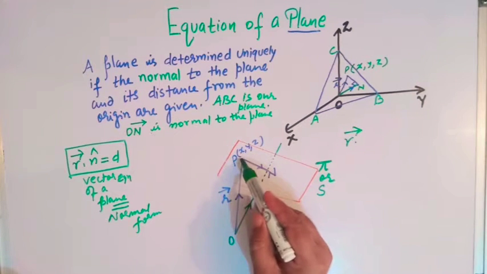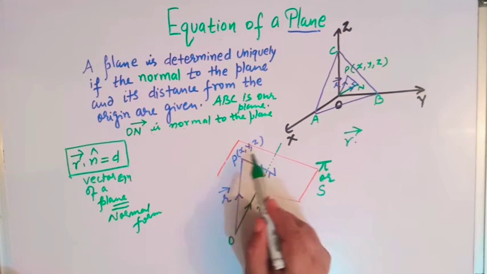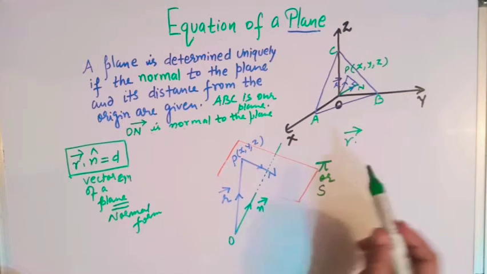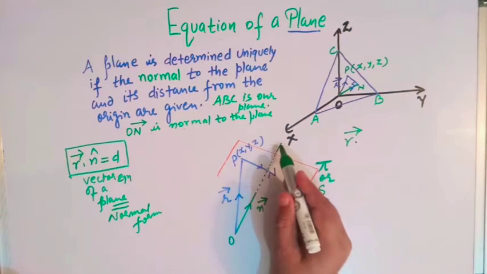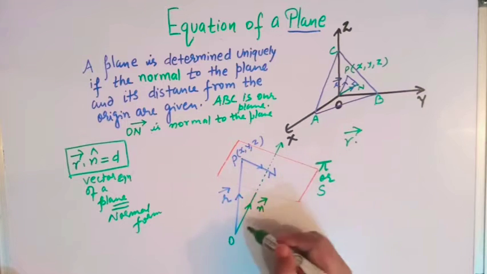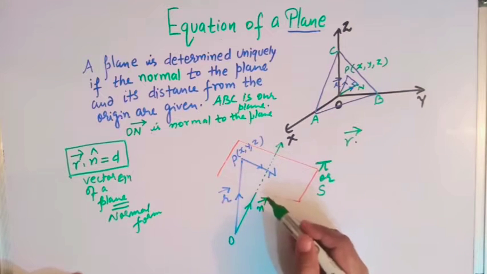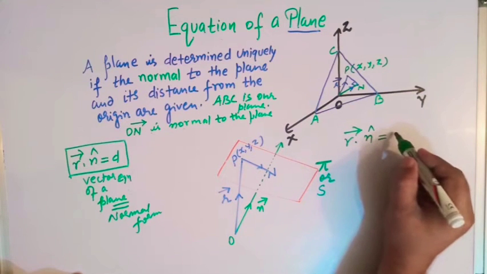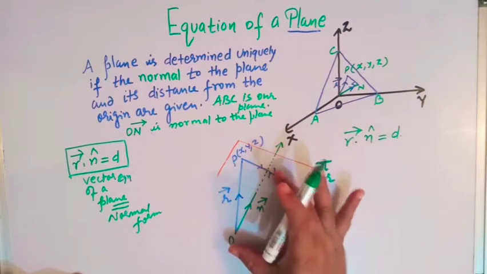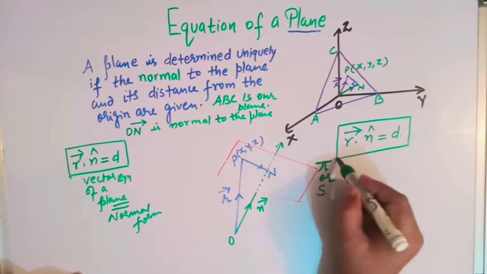Vector r is the position vector of any point P lying on this plane and having the coordinates x, y, z, and we take the dot product of vector r with the unit vector along the direction of the normal vector, n cap, and this is equal to d, where d is the distance of this plane from origin, right?